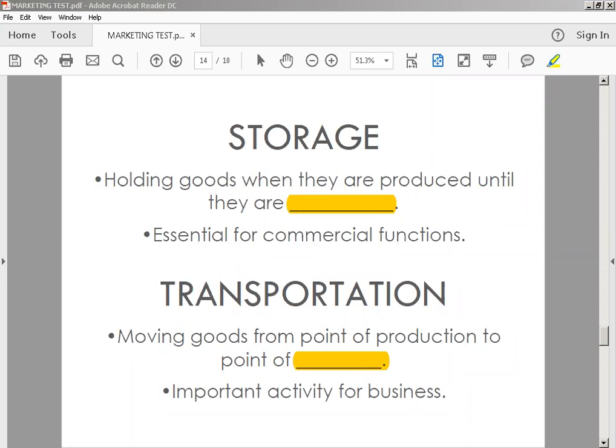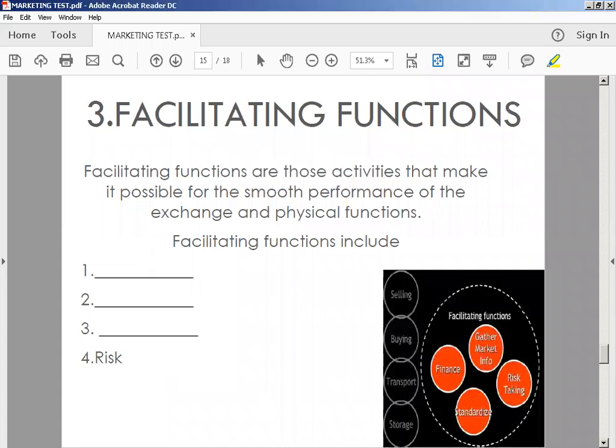Now I proceed further. Facilitating functions. Facilitating functions are those activities that make it possible for the smooth performance of the exchange and physical functions. Facilitating includes dash.